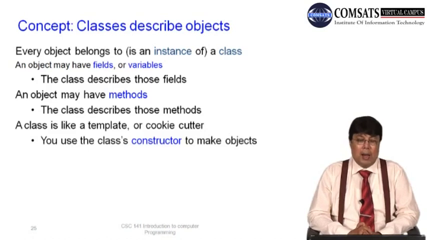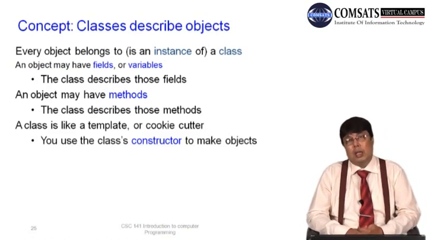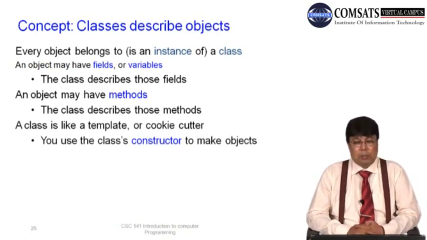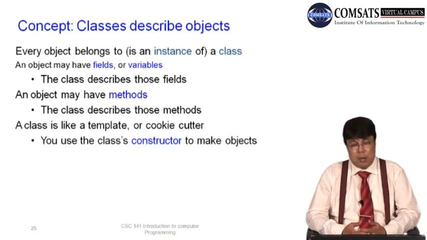An object may have certain fields, or certain variables. Hungry is a variable, its location is a variable. So basically the object's attributes could be fields or variables. The class describes those fields, and how to manipulate them with the help of certain functions, and these functions are called methods.